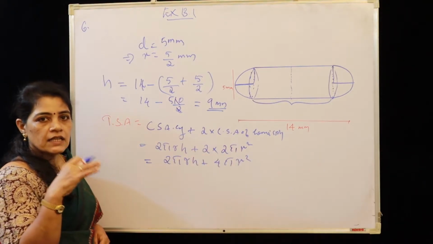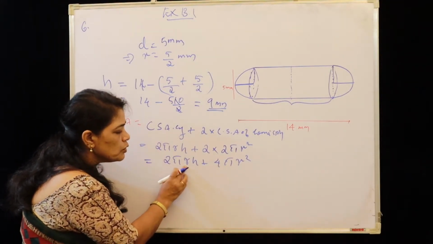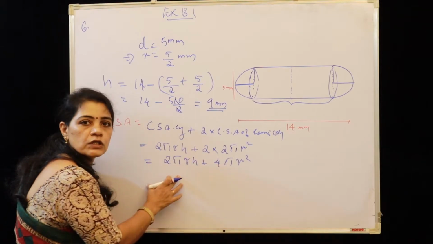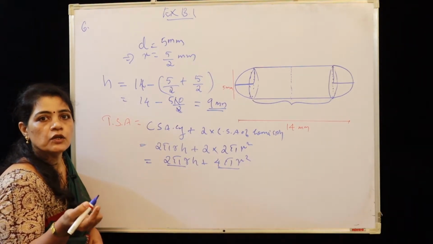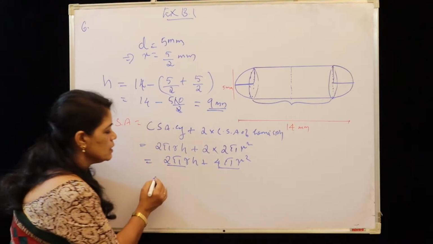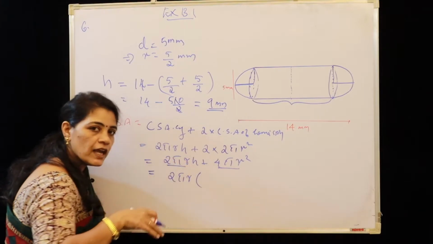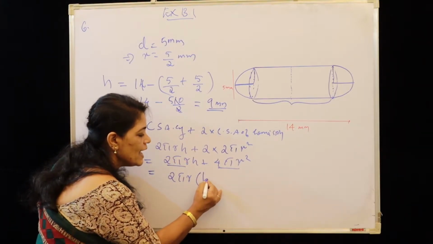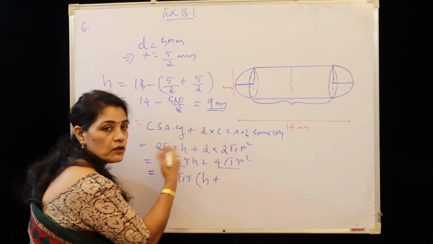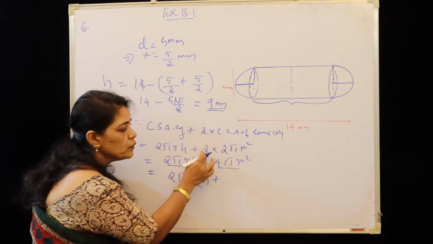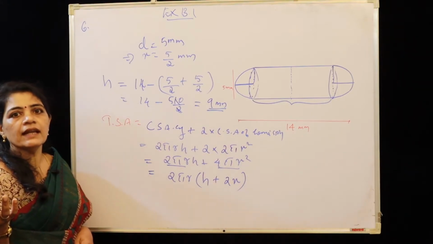Both the cylinder and the hemisphere having the same radius, you can take 2 pi r common from both the terms. From 4 pi r square you can take 2 pi r. So you can derive the formula first, then in the final step you can substitute the values. H remains in the first term, plus 2 pi r you have taken, so 2r remains. 2r is nothing but the diameter.